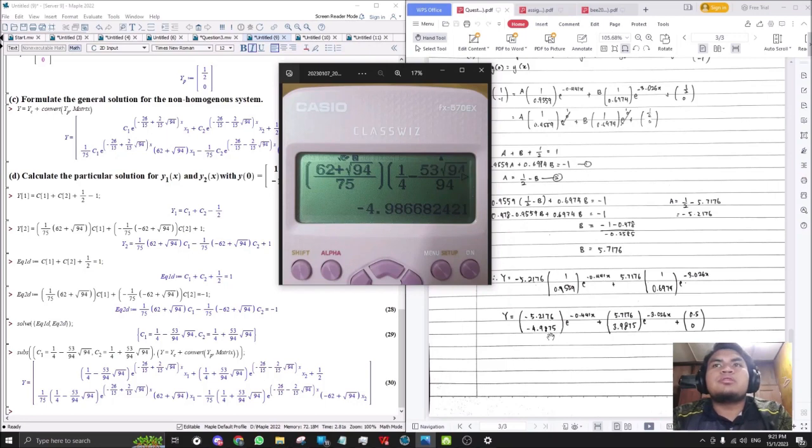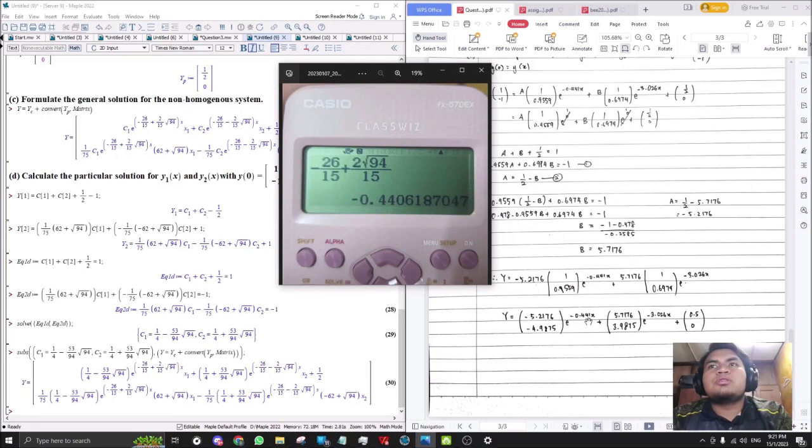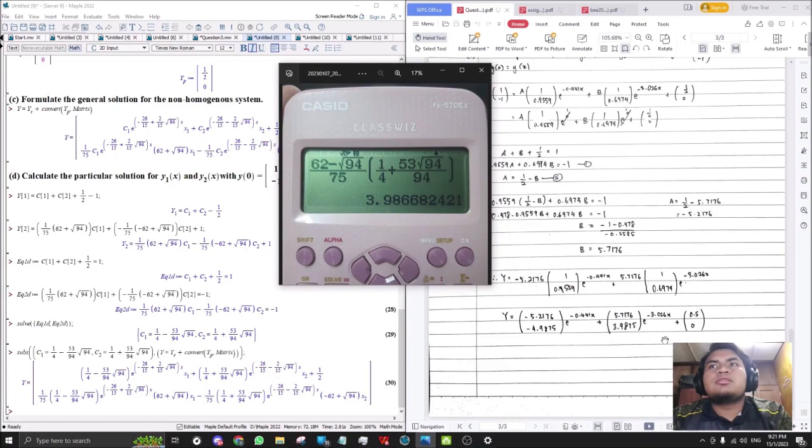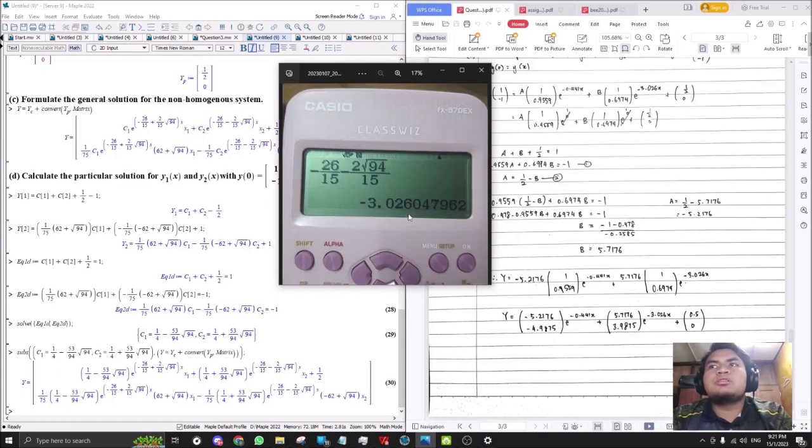Okay, the bottom we get negative 4.98668. It is almost the same number with the calculator and also the manual calculation. For the exponential, we get the same number. After that, we go here, we get 3.9866, almost the same with the manual calculation.